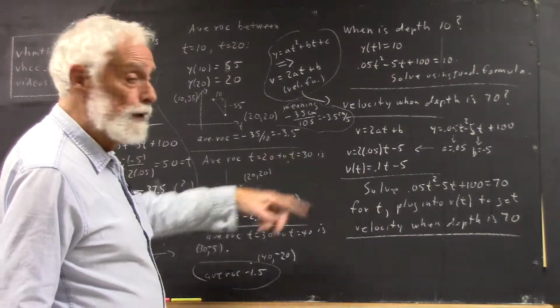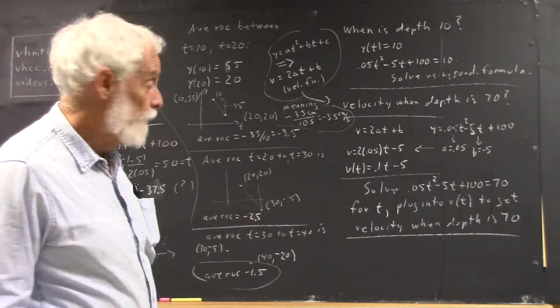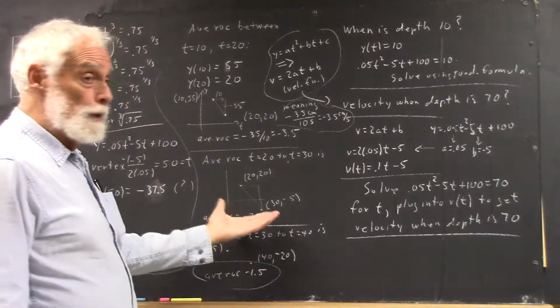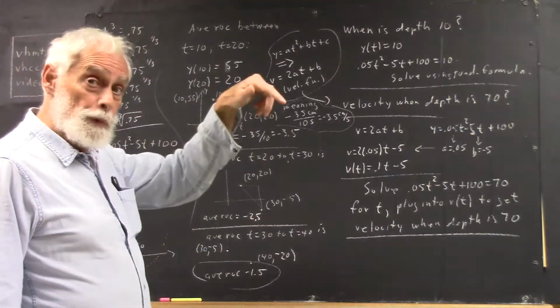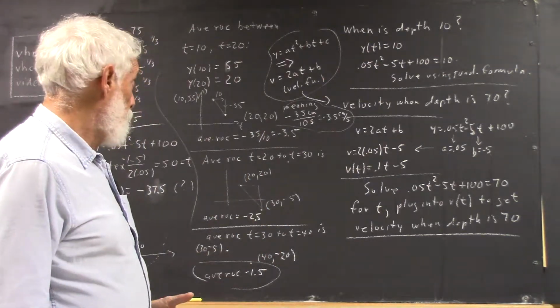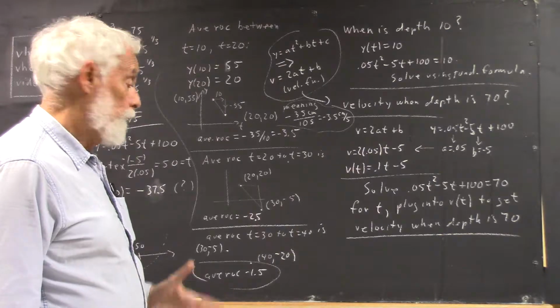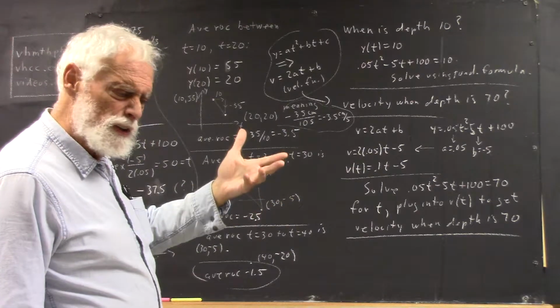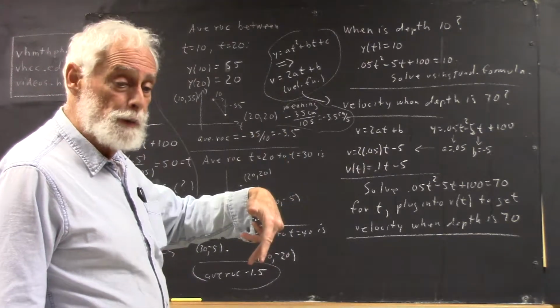Between t equals 20 and t equals 30, the interpretation is again going to be the same. The slope, the rise, is going to be the number of centimeters change in the depth.